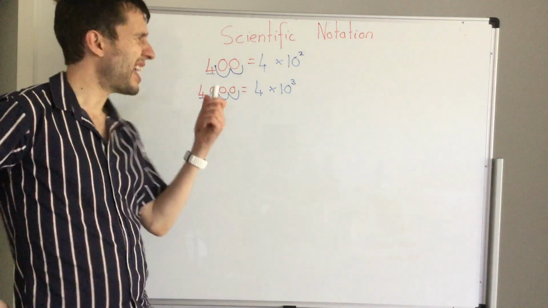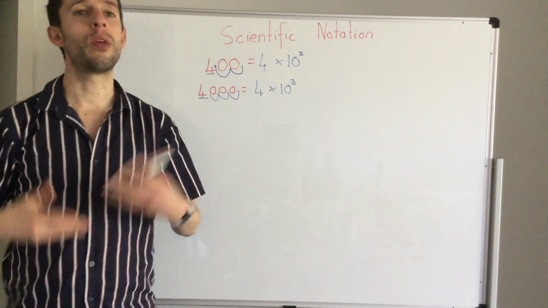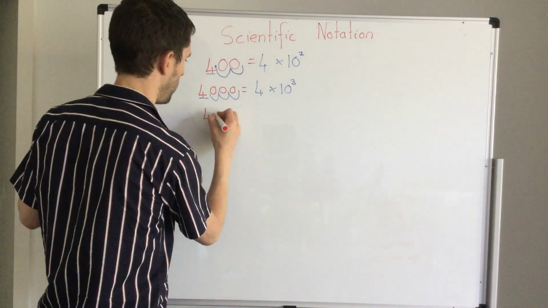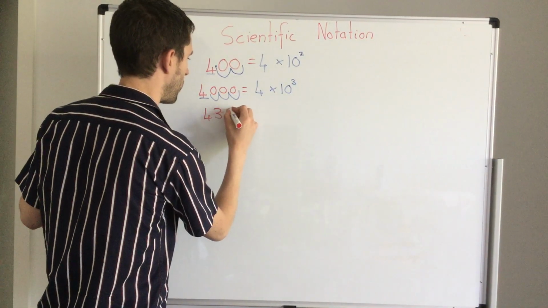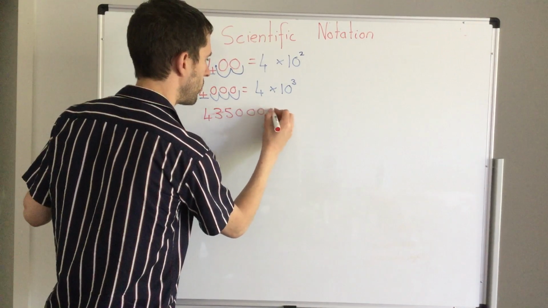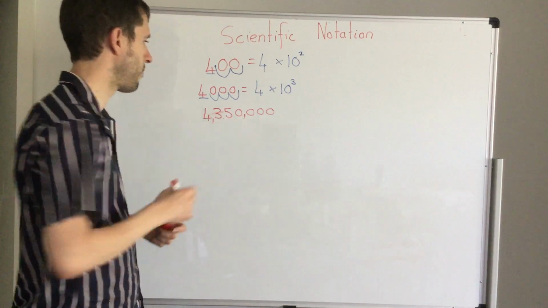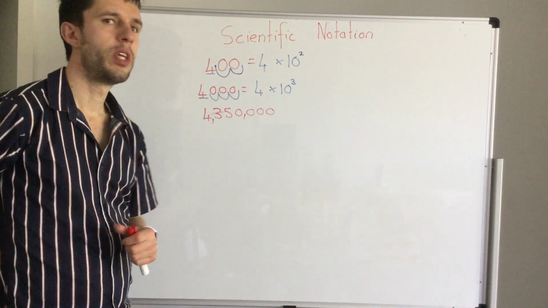So this easy concept can be used with harder numbers. For example, 4,350,000.